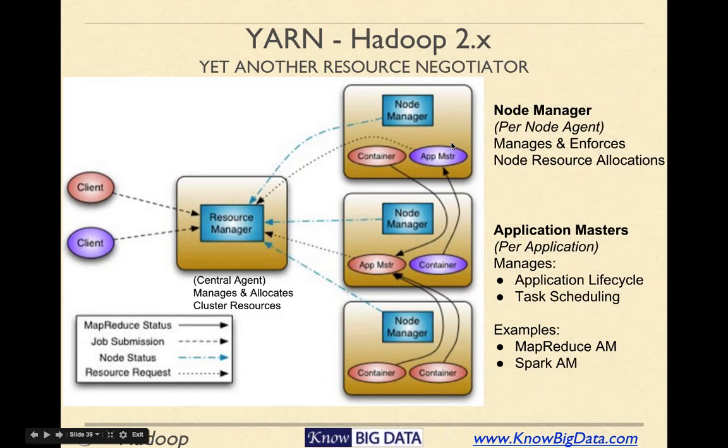All right. So application master manages the application life cycle, and also takes care of all kinds of work scheduling. So if we are running a MapReduce task, application master will be deciding how many maps, how many reduces, and so on.